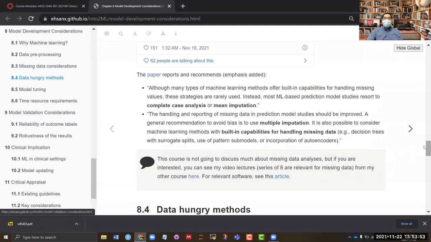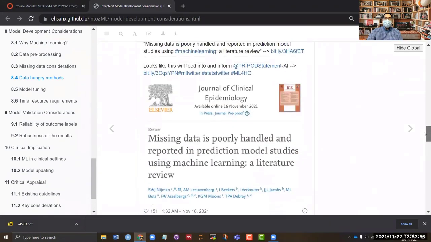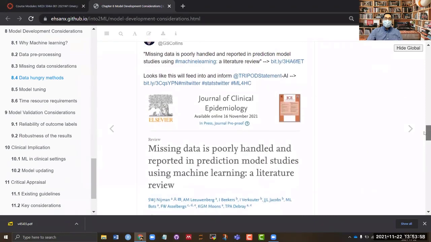So the point that I was trying to make here is that they have done a systematic review on the machine learning methods, and they found that, because obviously many of these data science folks that are coming into this data science world are not necessarily familiar with the missing data analysis problem or the statistical issues with them, what they generally do is only complete case analysis.